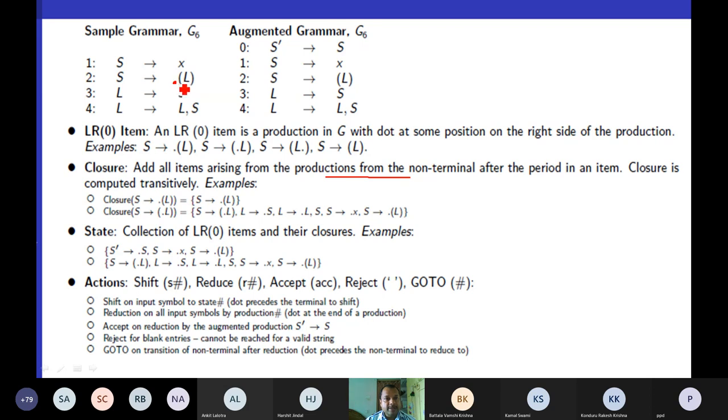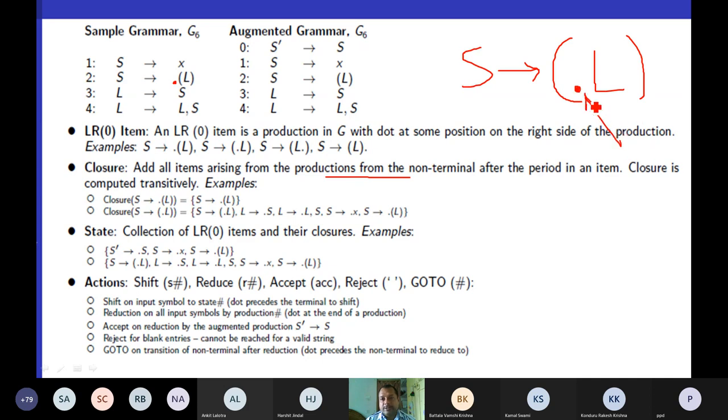Right after this dot, there is an opening or left parenthesis, which is considered a terminal, so no new item will be added to this particular item as per the closure rule. But when I am considering my production S derives opening parenthesis, then dot, L, closing parenthesis, now you see the position of the dot is here.